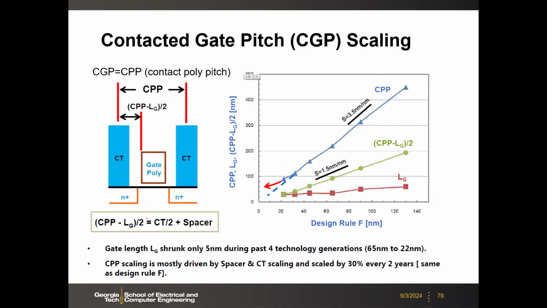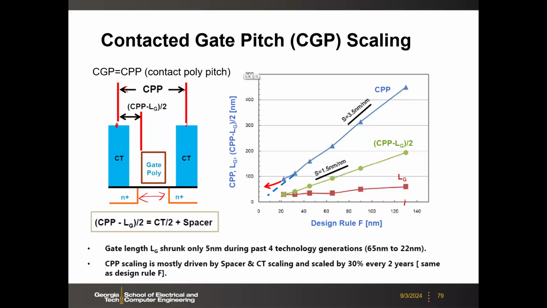So we talked about this before. What is truly scaling over the technology nodes? It's not the physical gate length anymore. What matters on the horizontal direction is the CPP, contact poly pitch, or contact gate pitch. So you are looking at the center of the source to the center of the drain contact, and you hope this CPP is scaling, which is true.